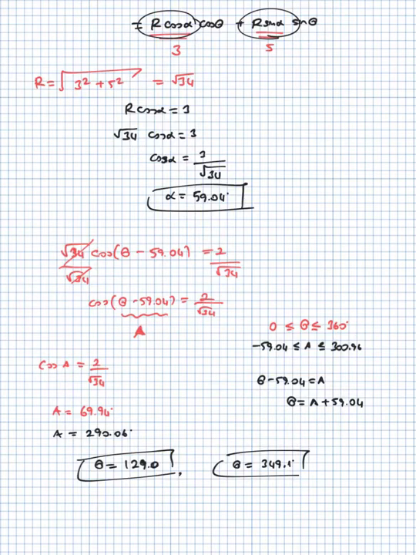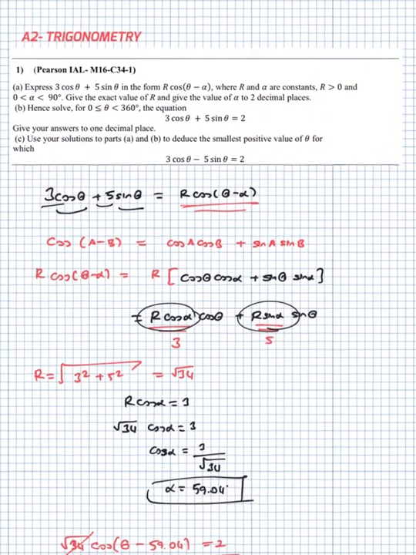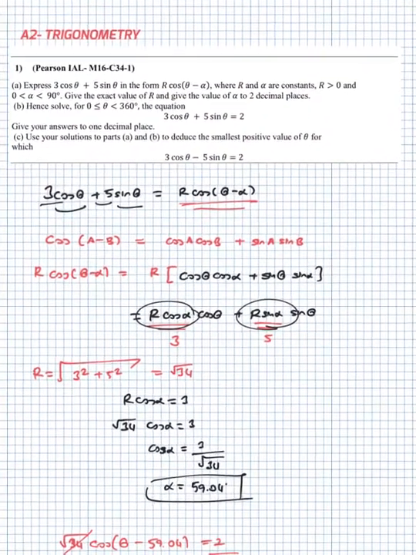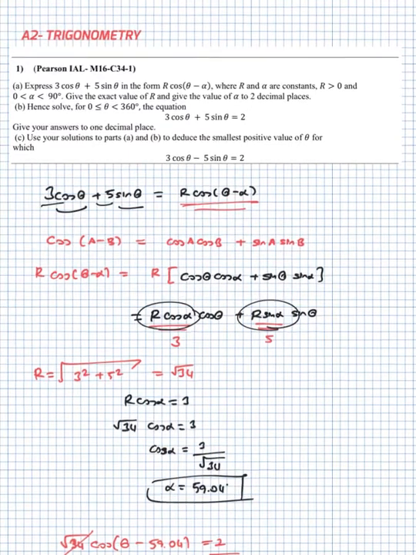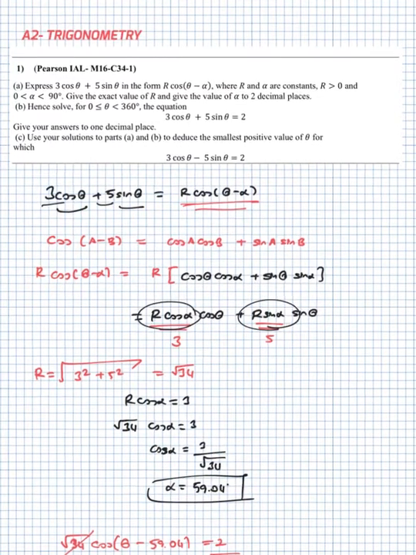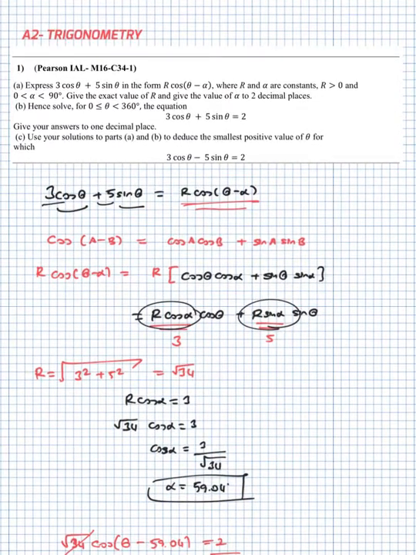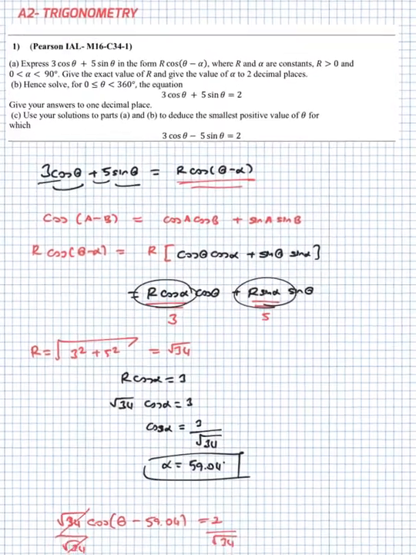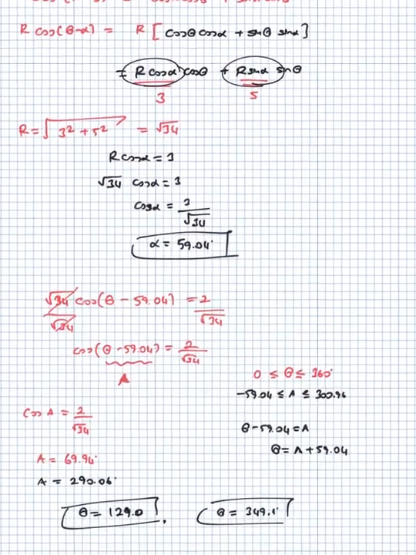And in the final part of the question, it says use your solutions to part B to deduce the smallest possible value of theta for which 3 cos theta minus 5 sin theta equals 2. Here you have to be careful that the sign has changed. So instead of cosine (theta minus alpha), I shall be using cosine (theta plus alpha), but the same expression we can get.